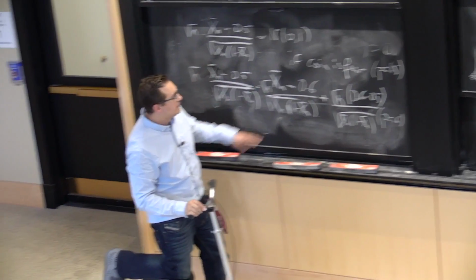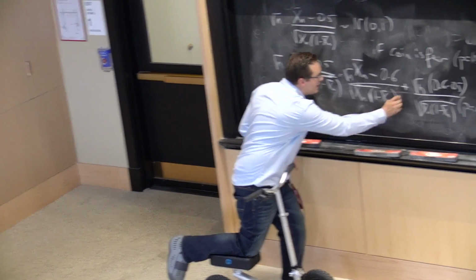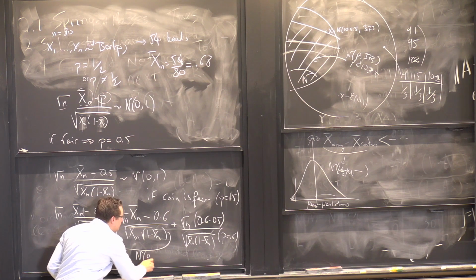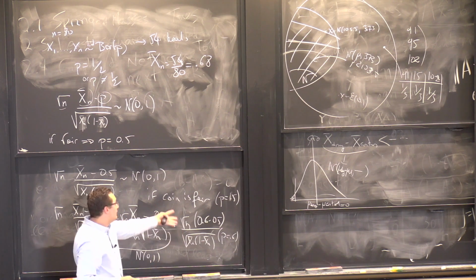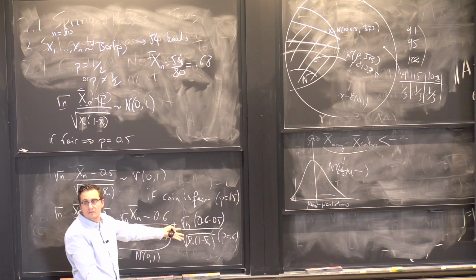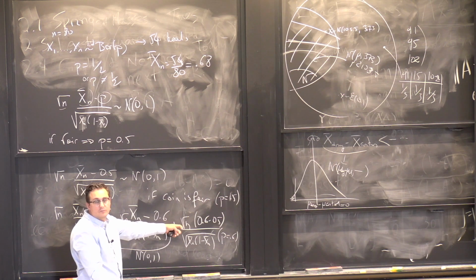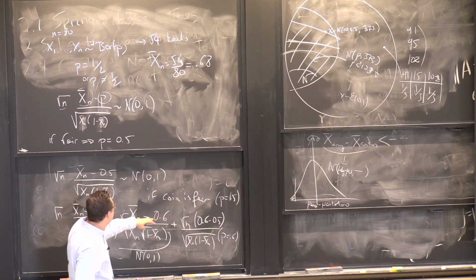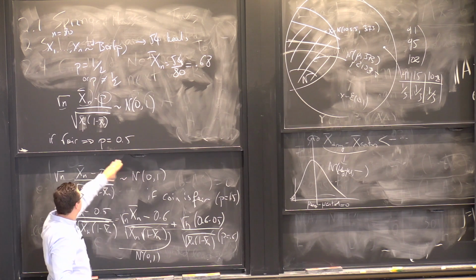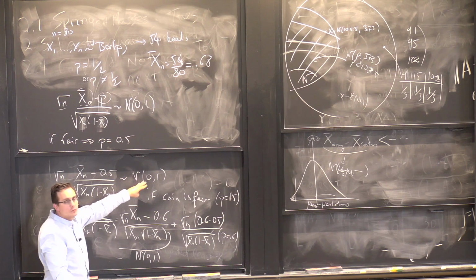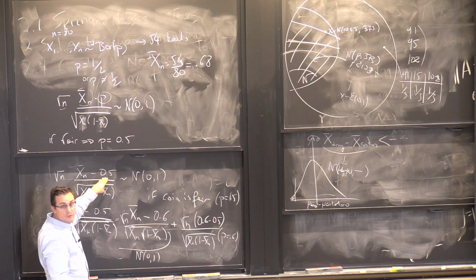Now, if p is equal to 0.6, then the first term is N(0,1), but the second term is something different. It's just a number that depends on square root of n, and it's actually pretty large. So if I want to use the fact that this has a normal distribution, I need to plug in the true value here.